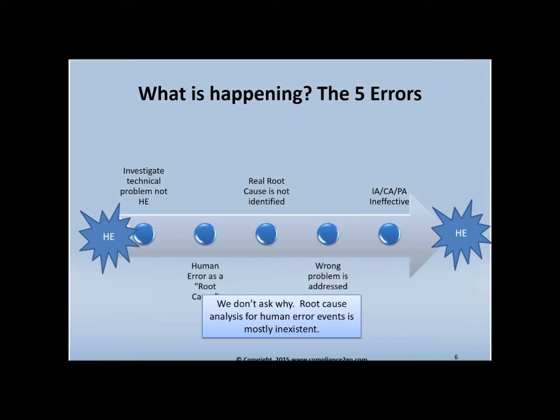Okay, so what is happening with human error investigation? These are the 5 errors of the human error investigation process. First of all, we have an error, right? We have a human error. So we investigate the technical problem, not the human error. For example, we have a deviation where we exceeded some time or exceeded some speed.